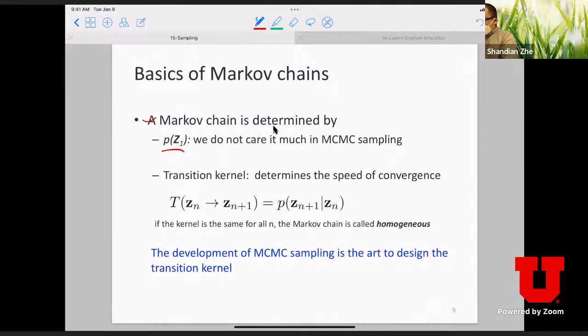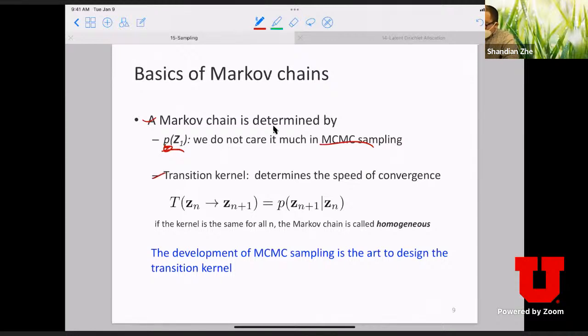However, in Markov chain Monte Carlo sampling, we do not care about it too much. Why? Because we want our chain to be robust in the sense that no matter how I choose the prior of the initial state, it will converge to the same distribution, which is the true posterior distribution.